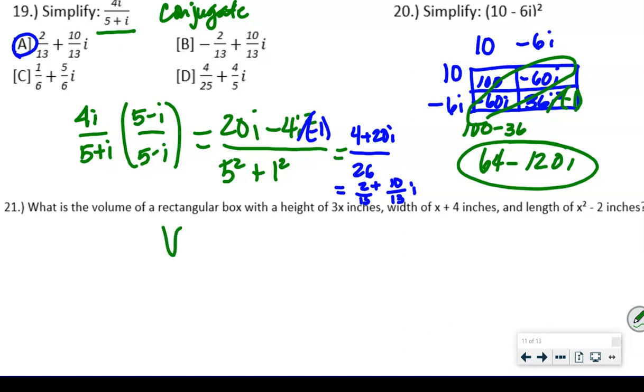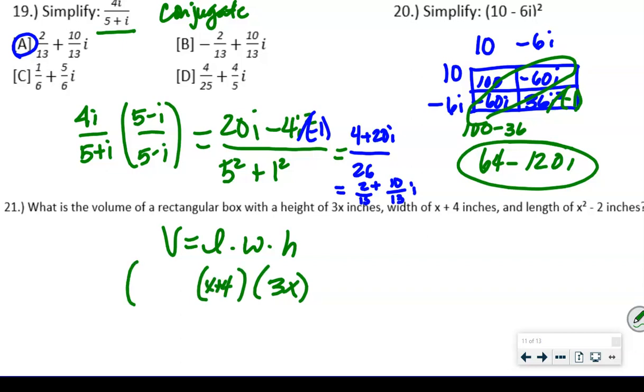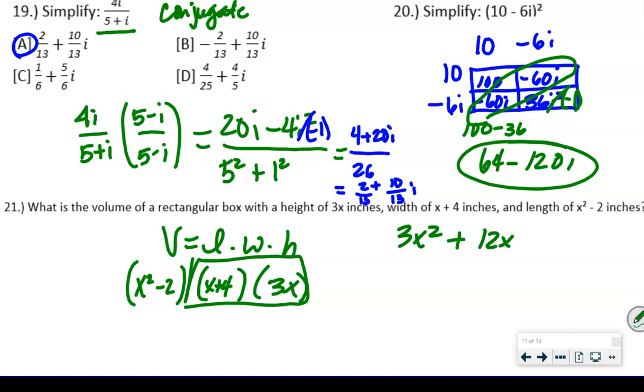All right, the next one says, what is the volume of a rectangular box with the height? Remember, volume is length times width times height, right? So it's got a height of 3x. It's got a width of x plus 4. And then it's got a length of what? x squared minus 2. So what I'm going to do first is this right here, because I can do that in my head. So that's going to give me 3x squared plus 12x. Then I'm going to actually multiply that using the box method by the other dimensions, okay?